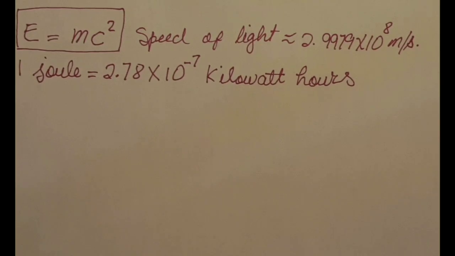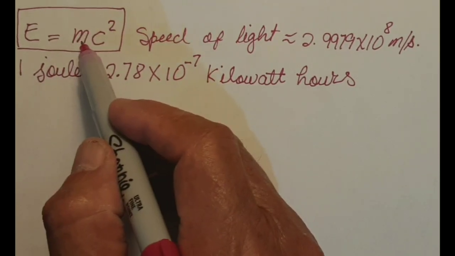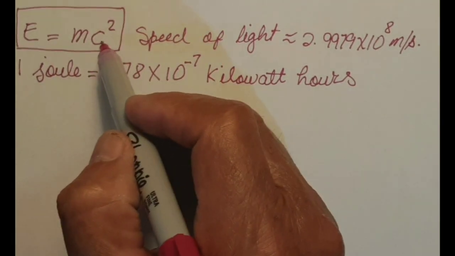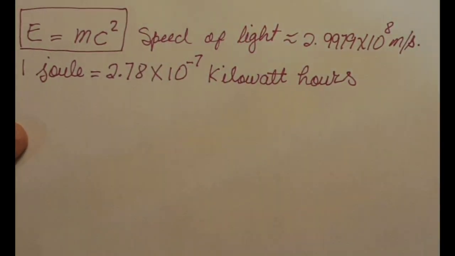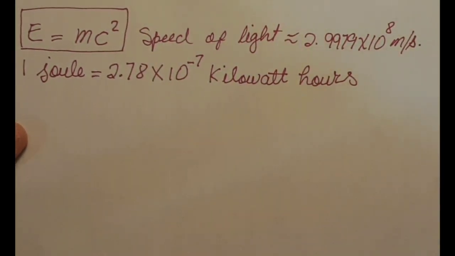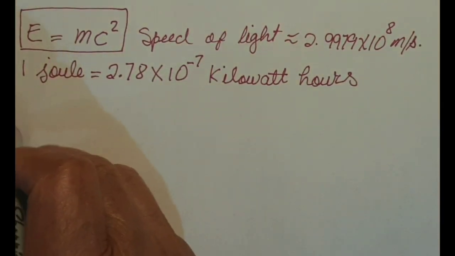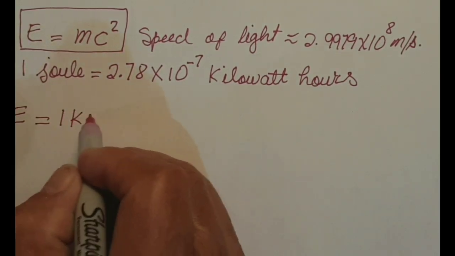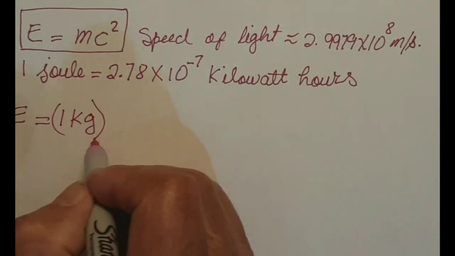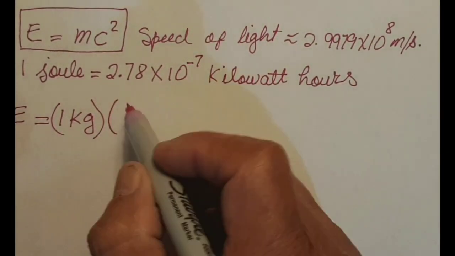Since energy is equal to mass times the speed of light squared, what is the mass that they are giving us in the problem? It says 1 kilogram. Let's do this equation. Energy is equal to 1 kilogram of mass, multiplied by the speed of light.